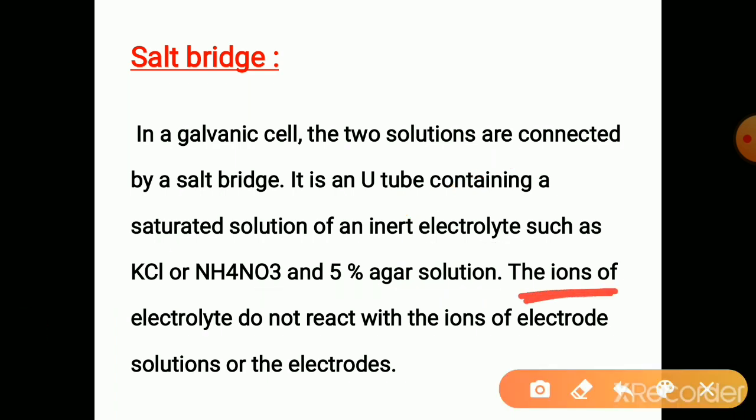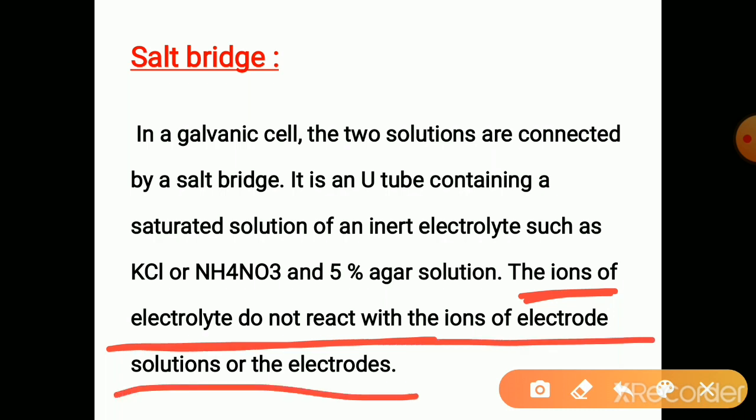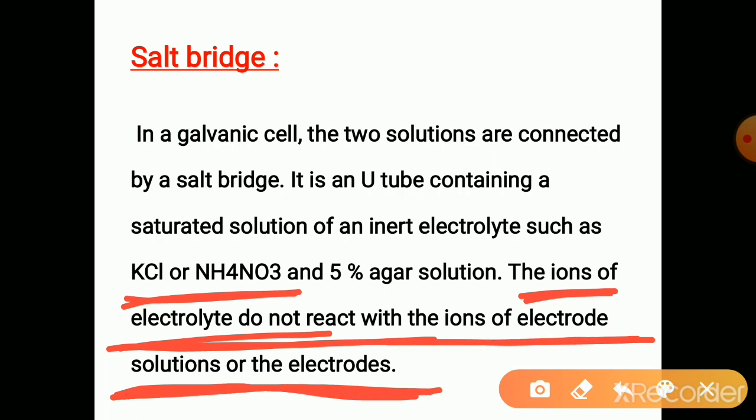The ions of the electrolyte do not react with ions of electrode solutions. We know that zinc sulfate solution is there, copper sulfate solution is there in the Daniell cell. So the ions of this electrolyte do not react with the ions of the electrode solutions or the electrodes.